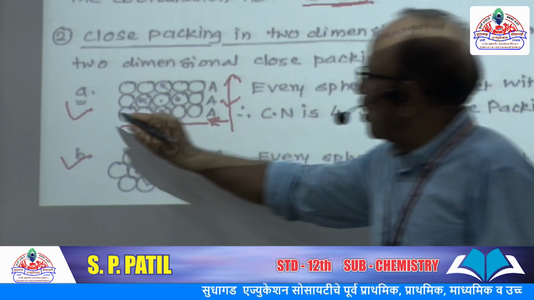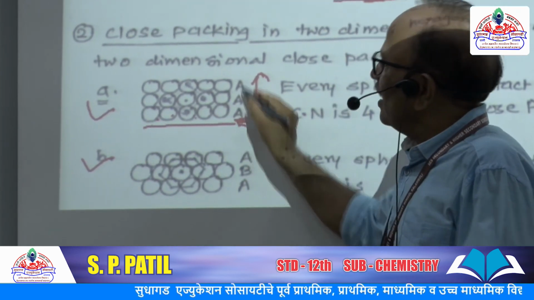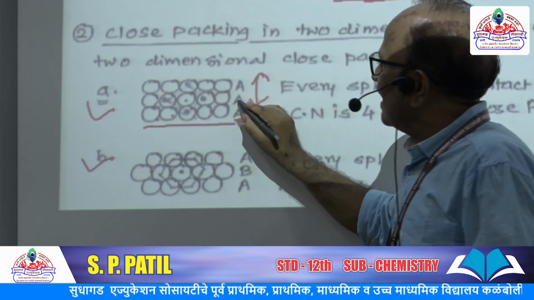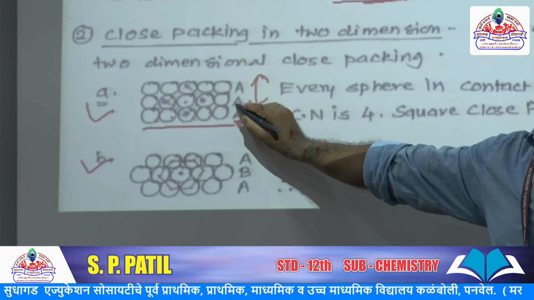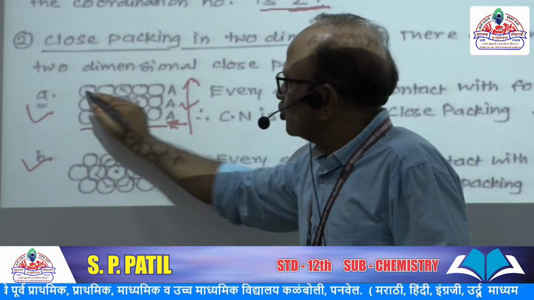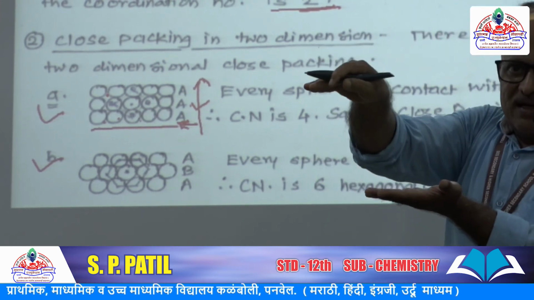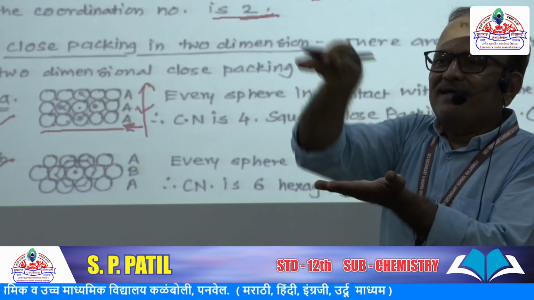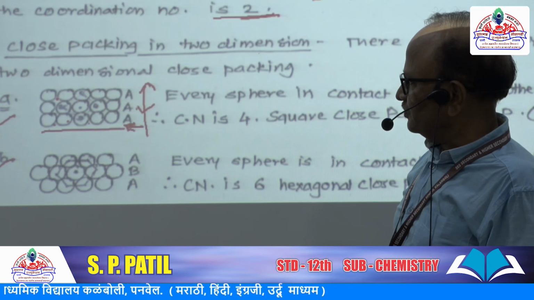That is, on the layer of A, the second layer also has arrangement A. So on each layer, another layer is exactly set.